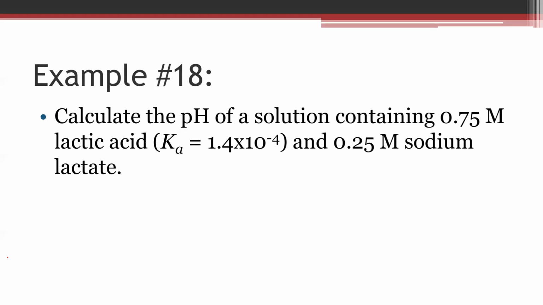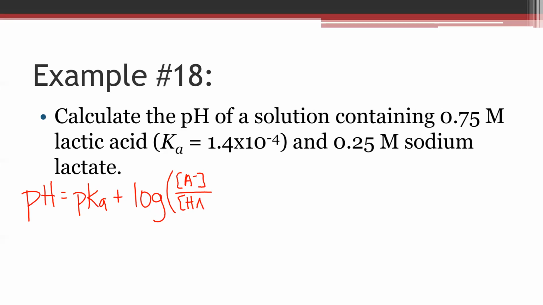So the pH is equal to the pKa plus the log of the conjugate base concentration over the acid concentration. Remember, P in front of a number or a letter means negative log. So when we see pH, we know it's the negative log of the H+. When it's pKa, that means it's the negative log of the Ka.